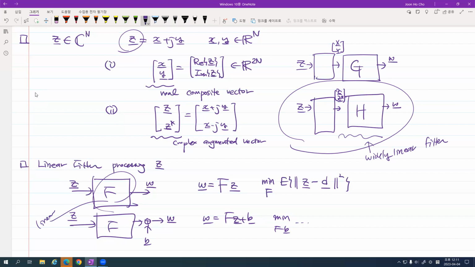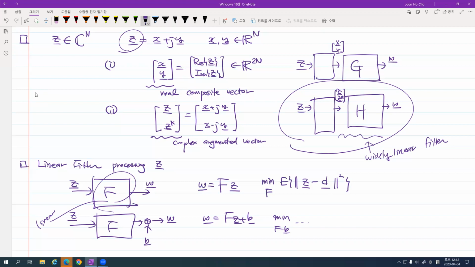So not always, but sometimes such a system gives you better performance, especially when Z is an improper complex random vector. Got it?